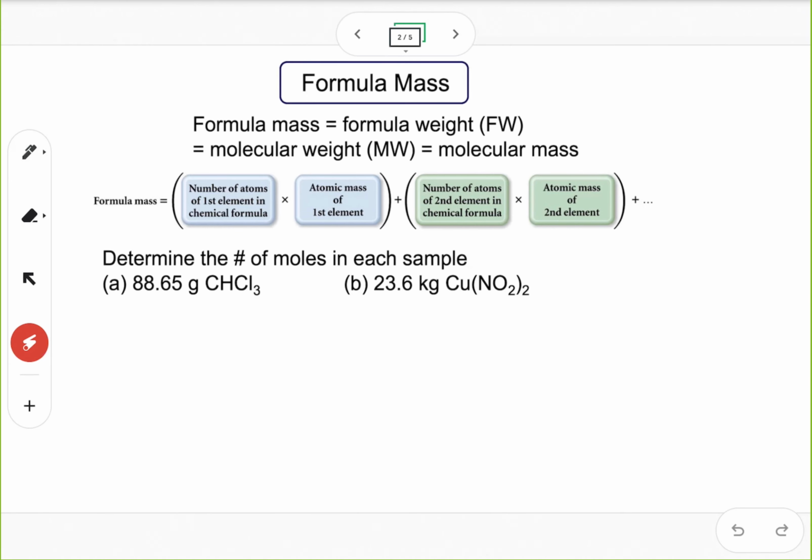Before we talk about those calculation examples, we have to understand what we are trying to do. Remember, when we talked about the atomic mass, we did some unit conversion practice between the mass of elements and the mole number of the elements.